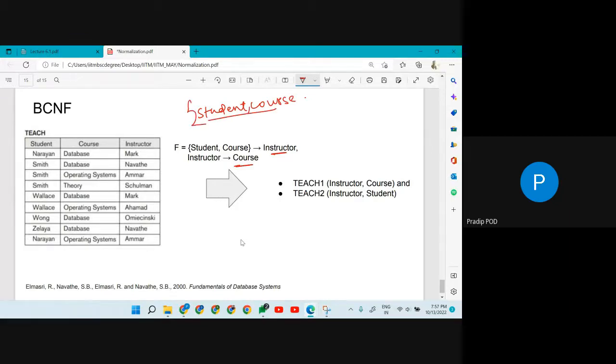Right, this is one candidate key. And is another candidate key also possible? Student course, student instructor. Not possible. So only one candidate key is there.